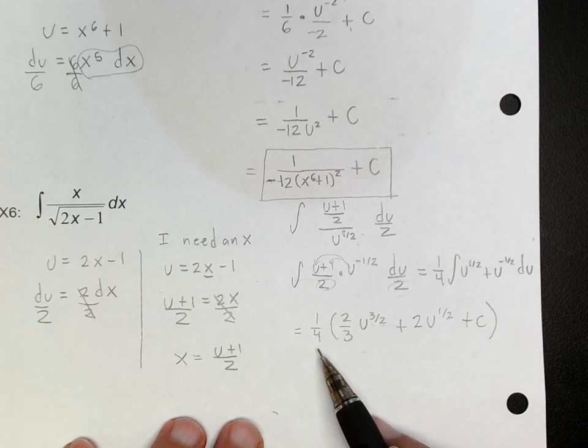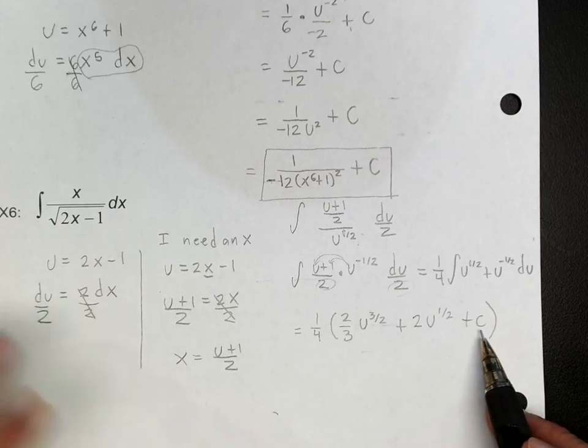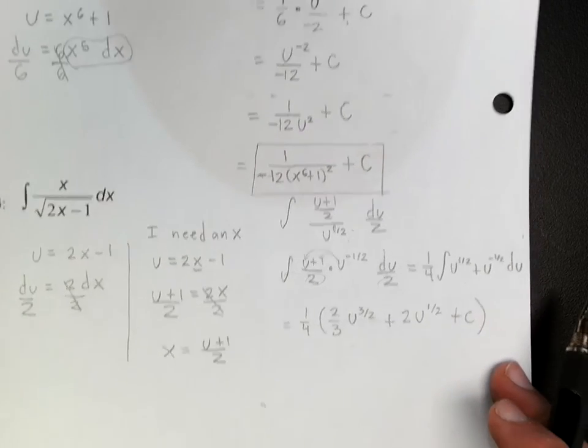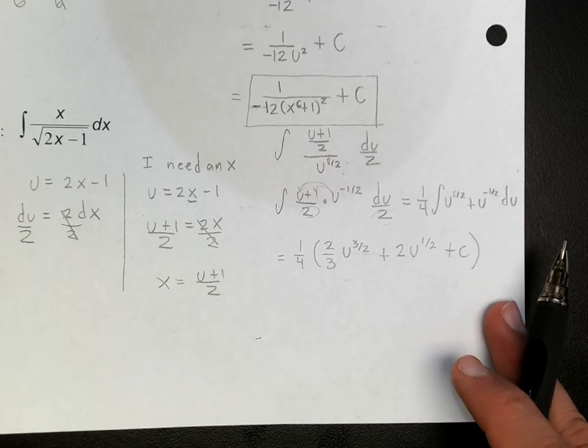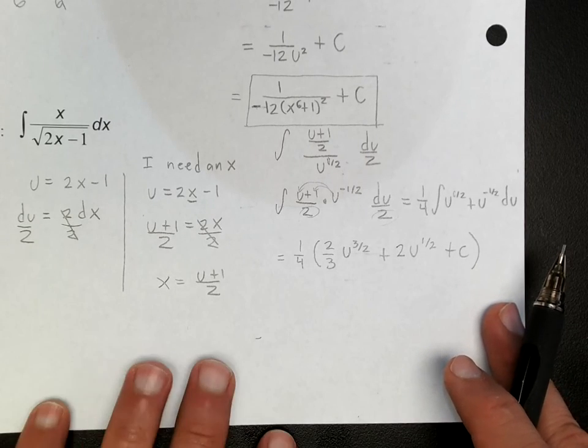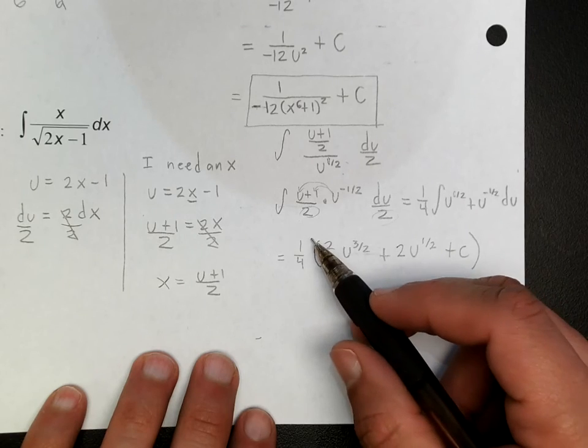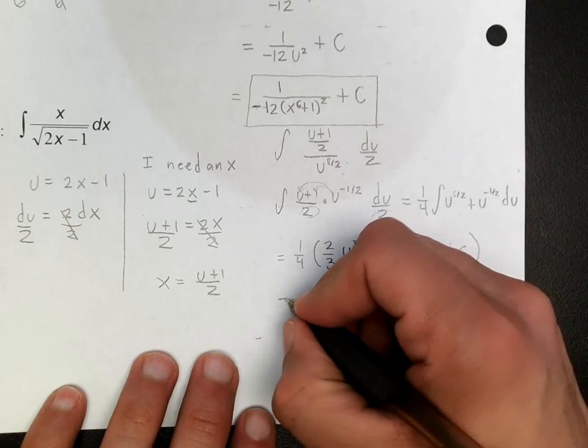Well, what I tell you, if you multiply 1/4 times the constant, that's still going to be another constant. So you don't have to write 1/4 c. If you did, it would be fine, but you don't have to do that. So again, I'm going to distribute this 1/4 across this 2.